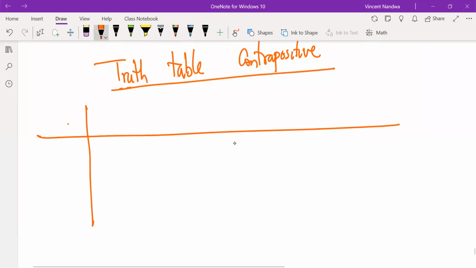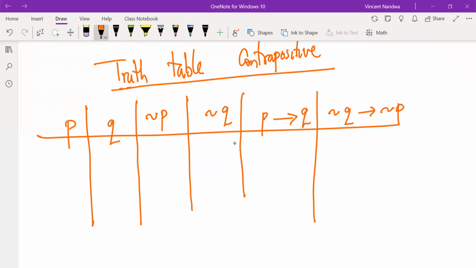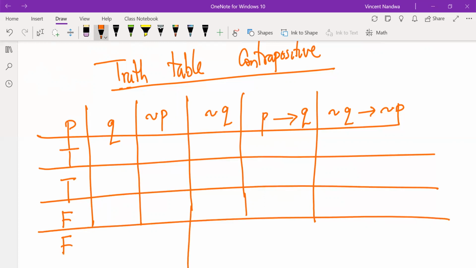So we have P and Q, not P, not Q, and then we have P implies Q, and not Q implies not P. So true, true, false, false. True, false, true, false.